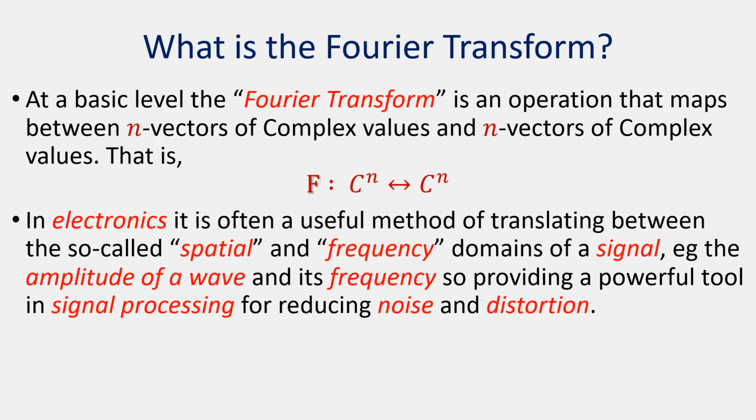So what this allows us to do in electronics and signal processing applications is if we apply the Fourier transform to the vector describing, say, a particular wave, and we get this as an output, we can process the output in a certain way to try and reduce noise or to try and reduce distortion in the signal, and then we can map back to get an actual signal which we can replay.